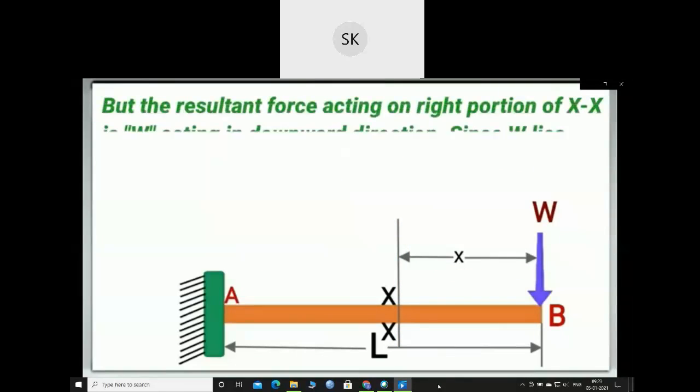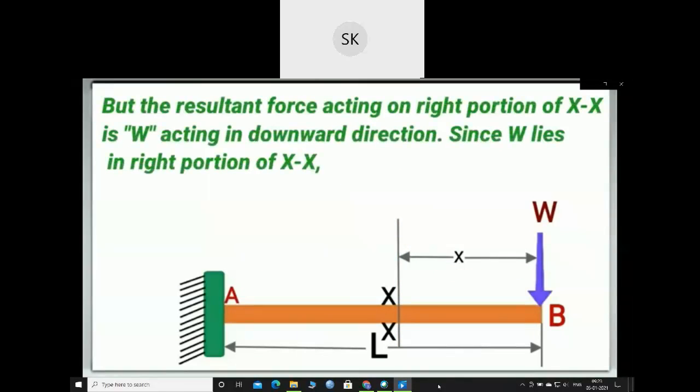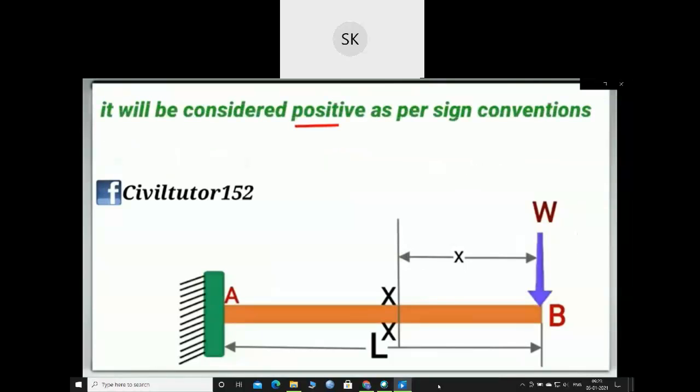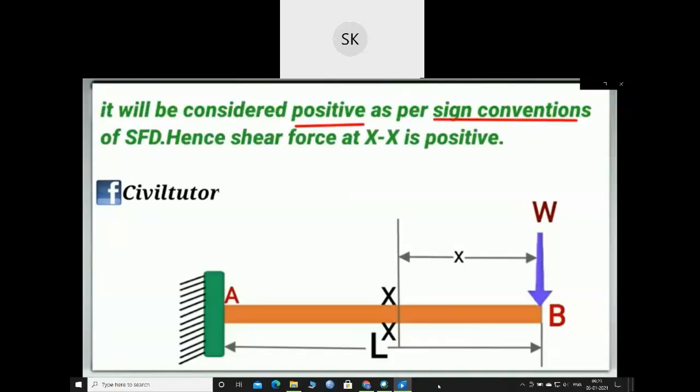The resultant force acting on the right portion of section XX is W, acting in the downward direction, and since this W lies in the right portion of XX, it will be considered positive as per the sign convention of the shear force diagram, which we have already gone through in previous tutorials. Hence the shear force at section XX is positive.